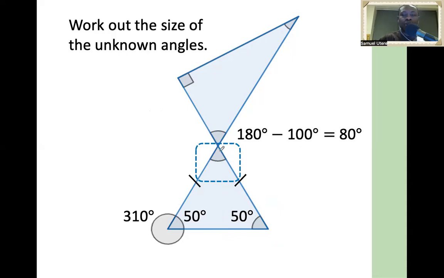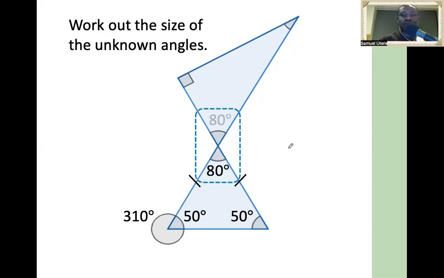What do you know about lines that cross like this? Straight lines. Well, I'm sure you remember that vertically opposite angles are equal. So this angle there should be 80 degrees as well.